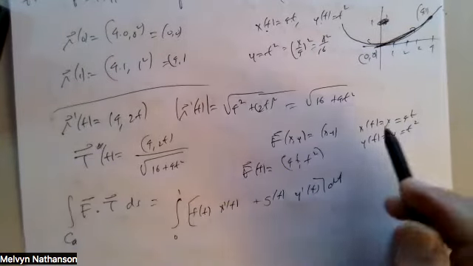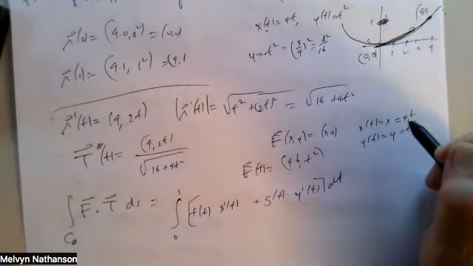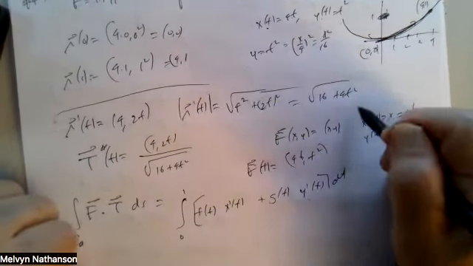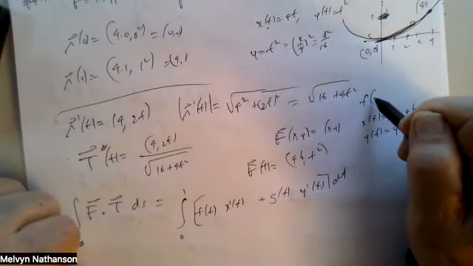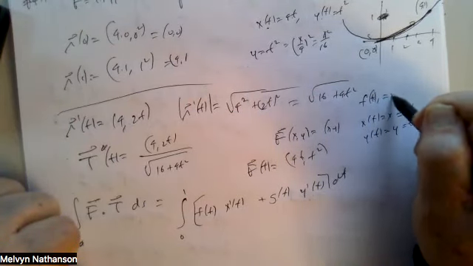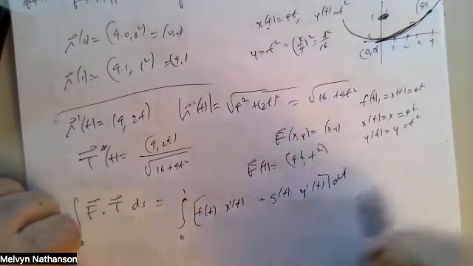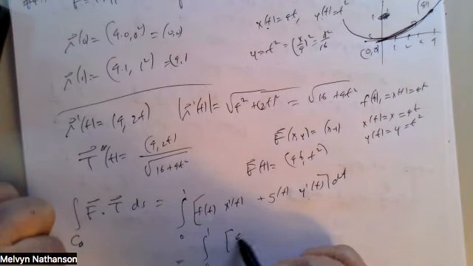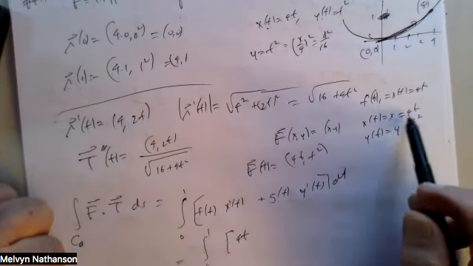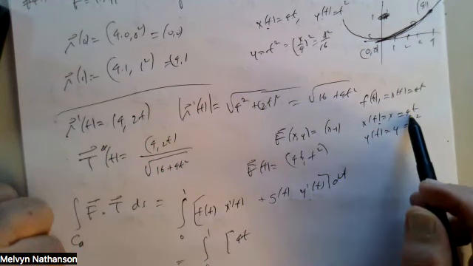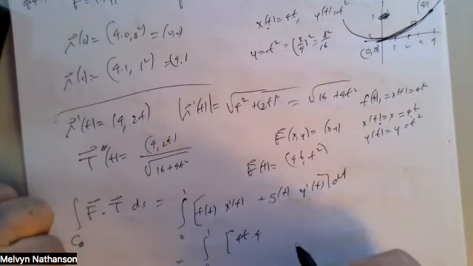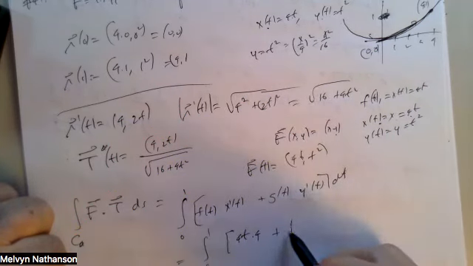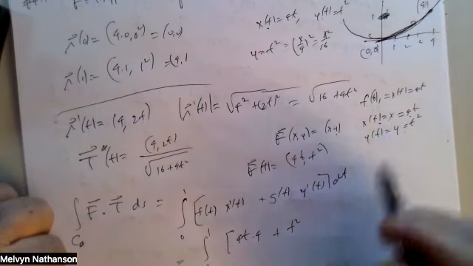The first coordinate of my function f of t, x of t, is 4t. x prime of t: x is 4t, x prime is 4. g of t is y, which is t squared, y prime of t is 2t.